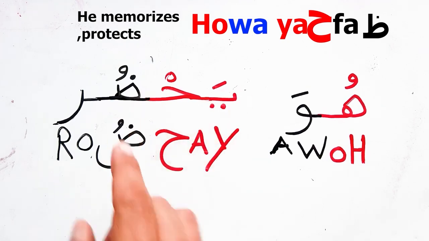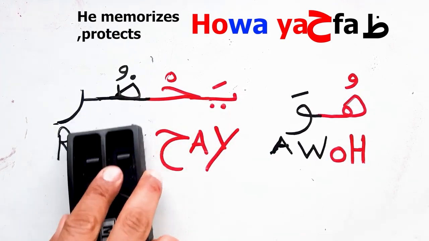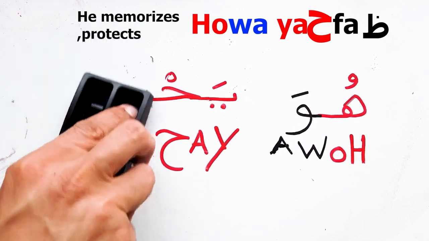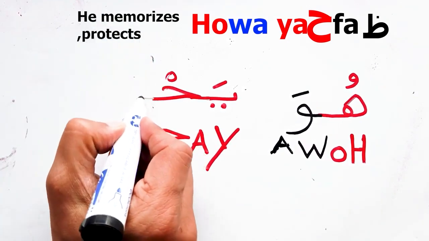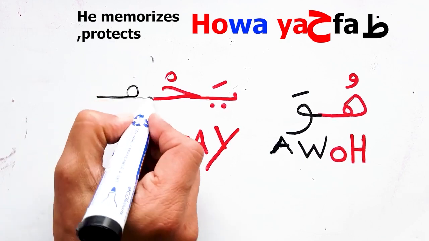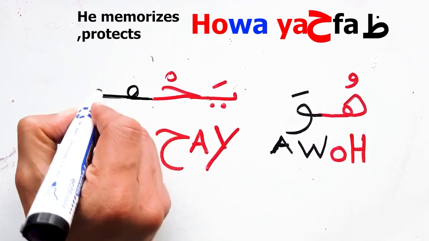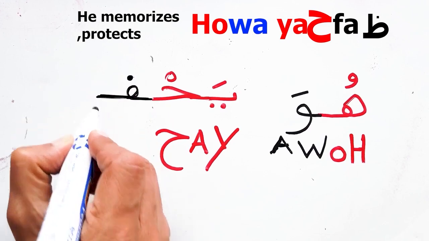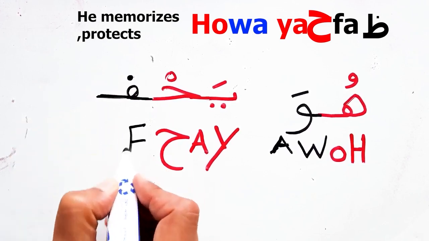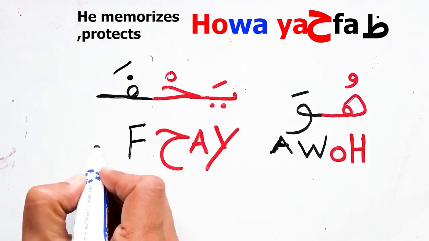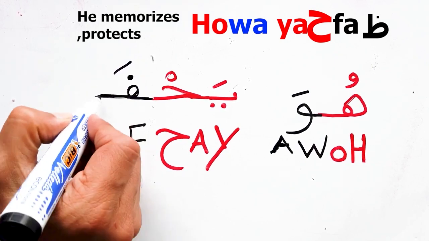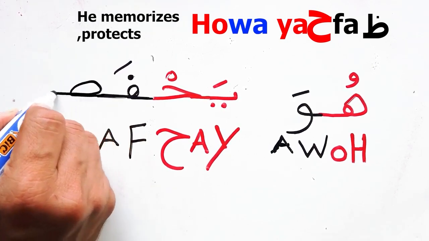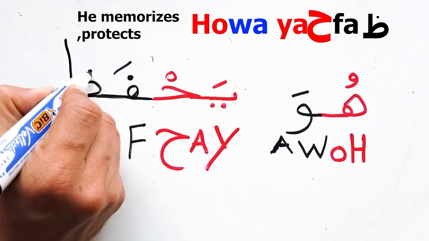Let's see. The sound of F. Sound of F here. Let's add it. So this letter sounds like F. يحفظ. The sound of this letter doesn't exist in English.